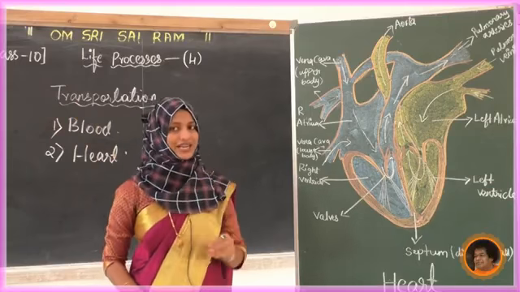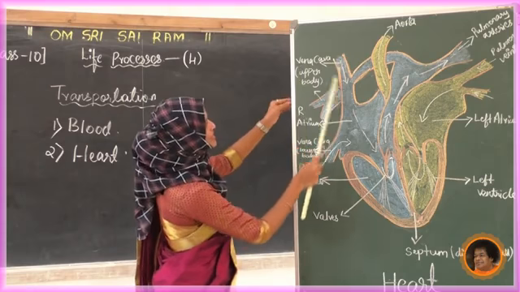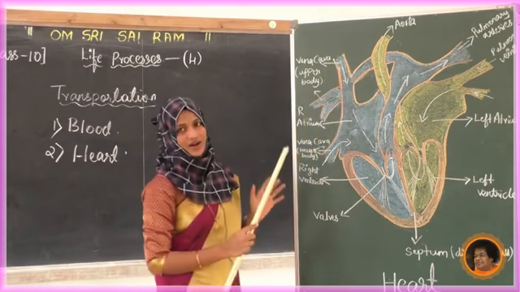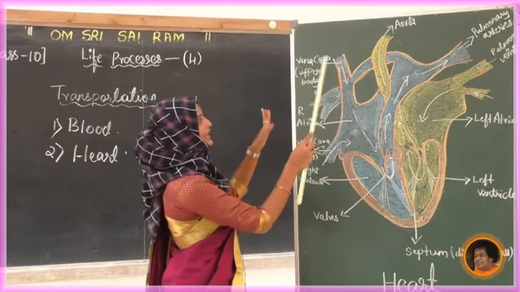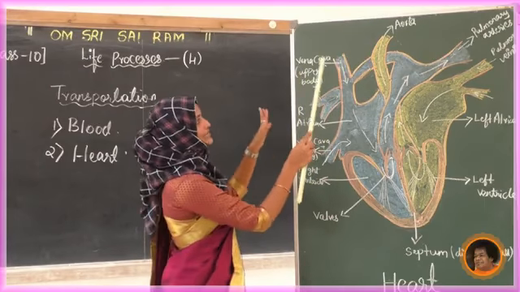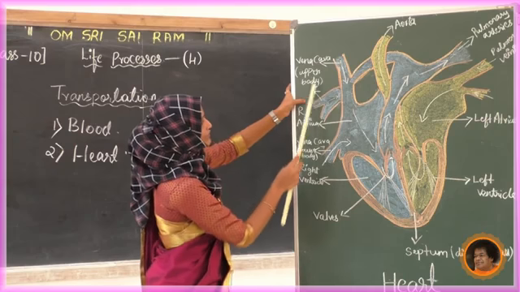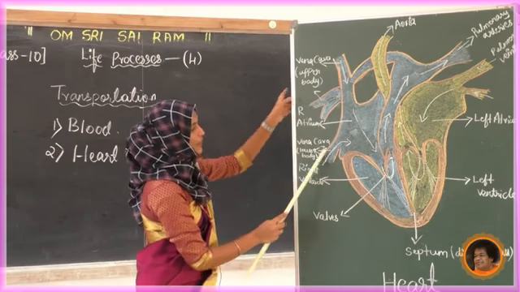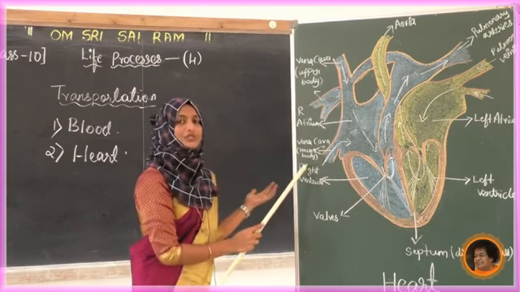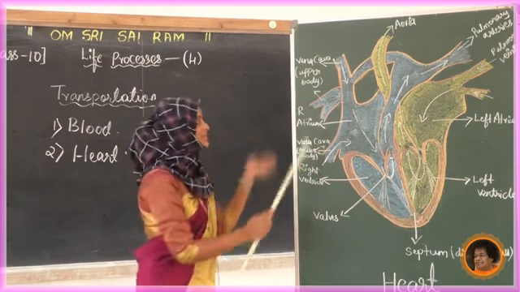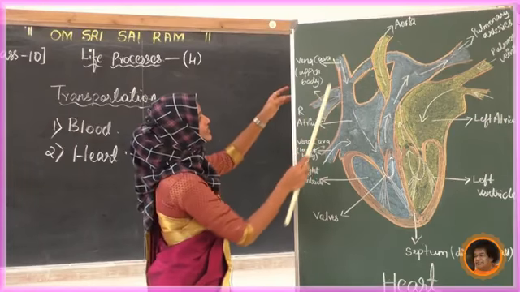Here on this side, this pipe is called the vena cava, V-E-N-A, C-A-V-A. We can see one vena cava from the upper body and one vena cava from the lower body. I will tell you what the function of this is.